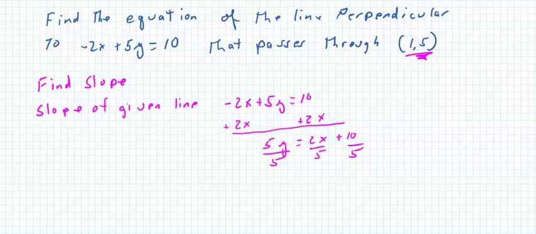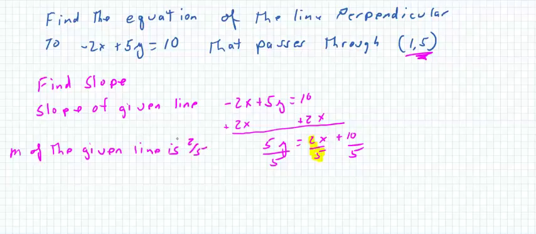And I see that my slope is 2 over 5. That's the slope of the given line. M of the given line is 2 over 5. But I want the line perpendicular.